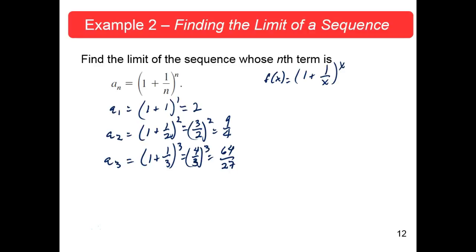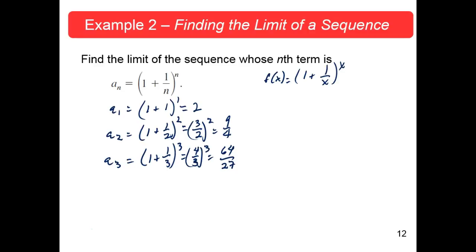Does that look at all familiar to anybody? They say go back to section 5.6, that was Cal 1.